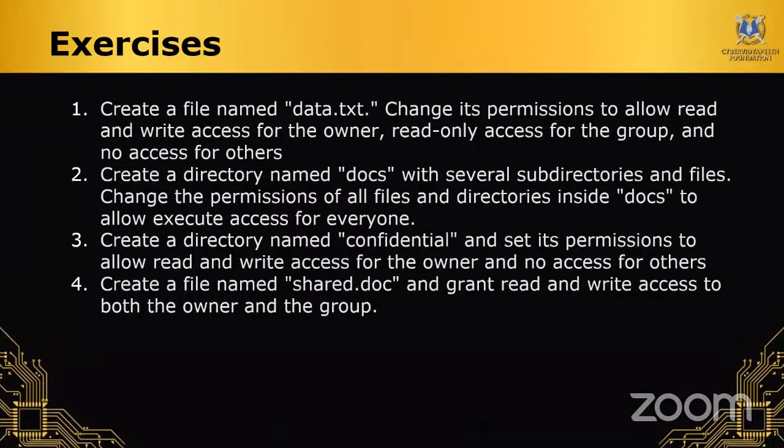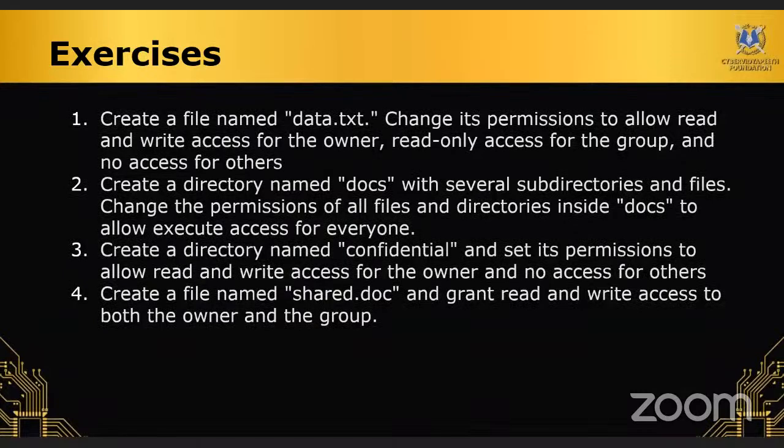Change the permissions of all the files and directories inside docs to allow execute access for everyone. So we have to create a docs directory first, and then add some subdirectories and files in it. Let's create a directory named docs first.